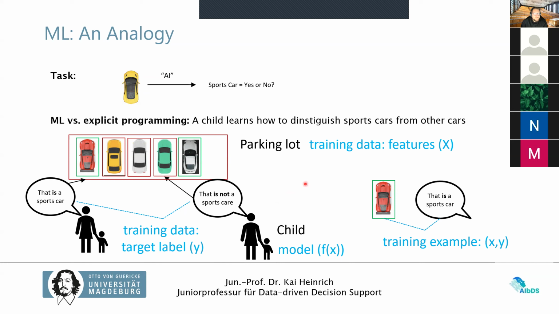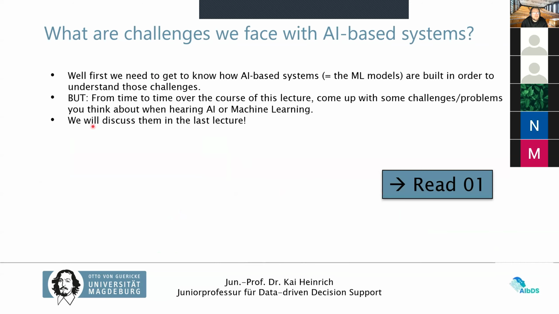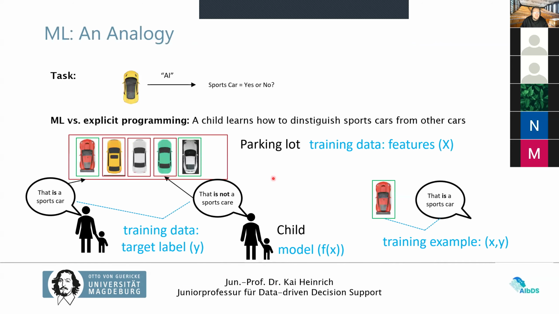So, okay. Having said that, what are some of the challenges, right? As I said, we will go into detail. So how we go on from here now that you basically know everything, you can go home now, easy. We first get to know how AI-based systems are built, right? It's important to know, okay, yes, we get the concept, but how do we do it?